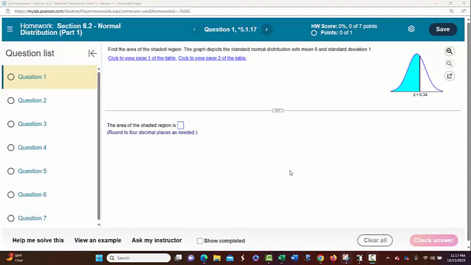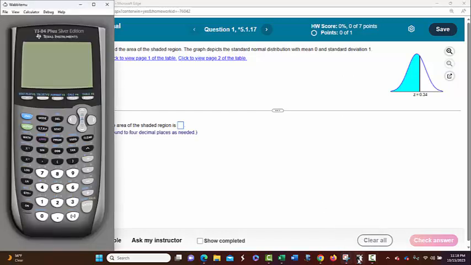And let's see what we have here. We're looking at a shaded area under the standard normal distribution with mean 0 and standard deviation 1. So I'll show you two ways, the calculator and Excel, so you can choose what method you like best. The calculator would be second, distribution, normal CDF, and since it's less than, it's already up there for us.